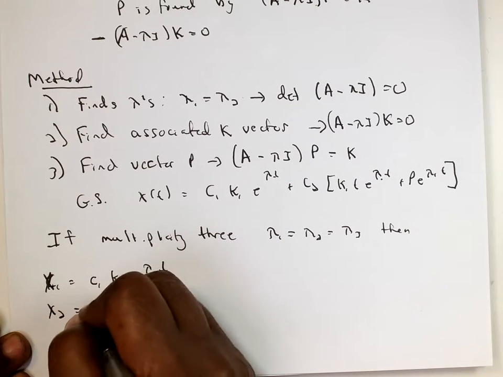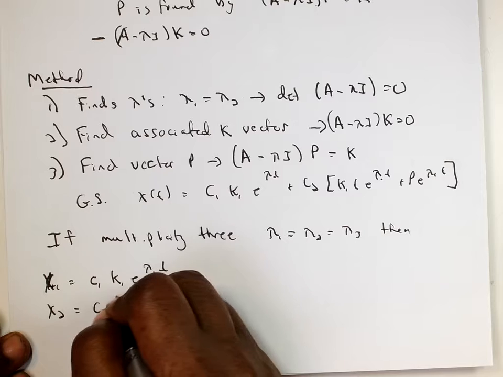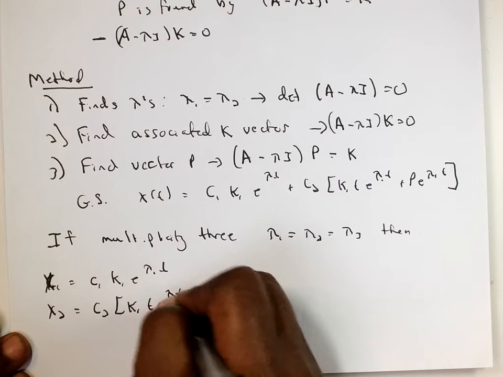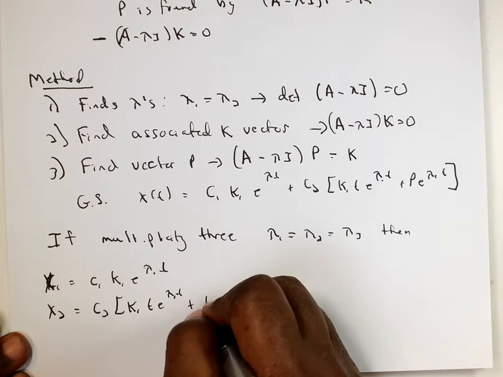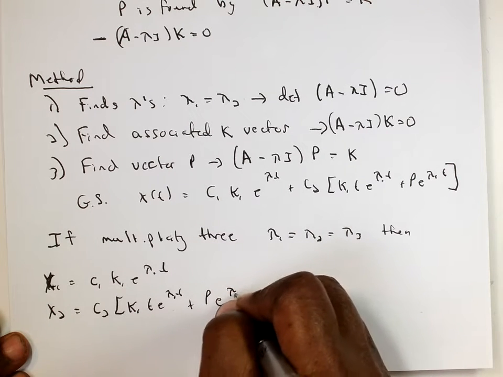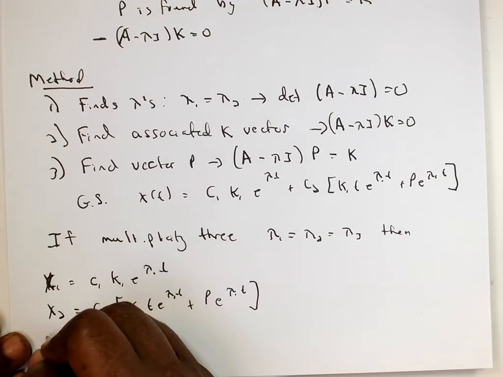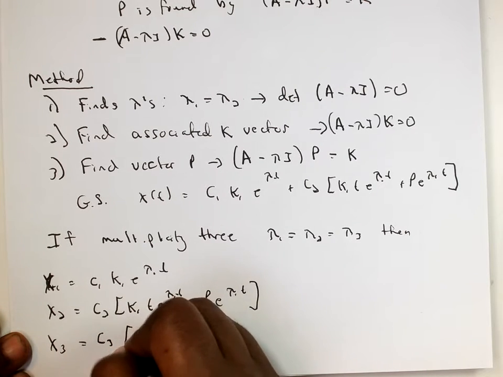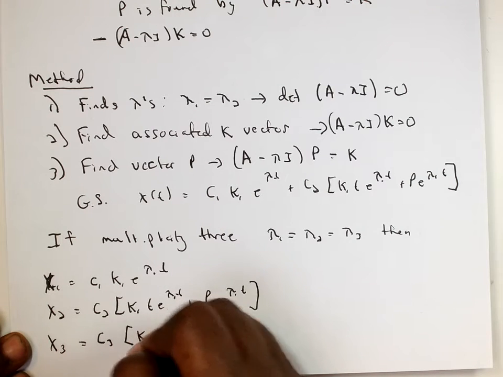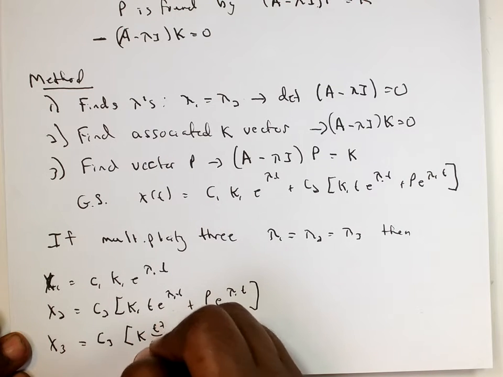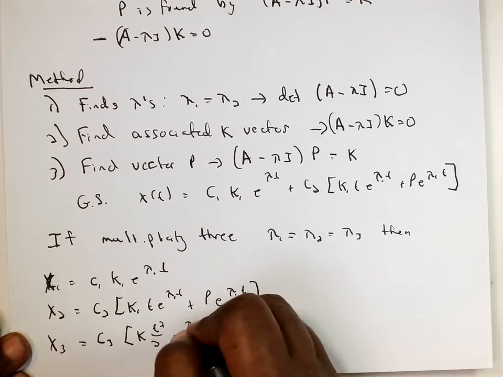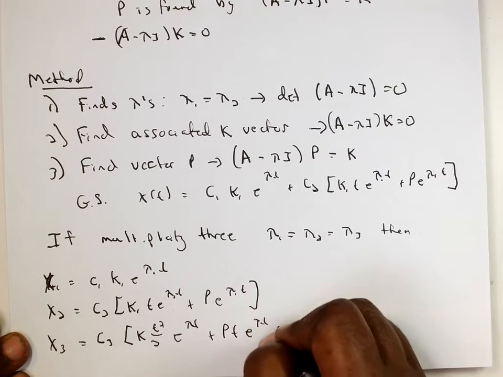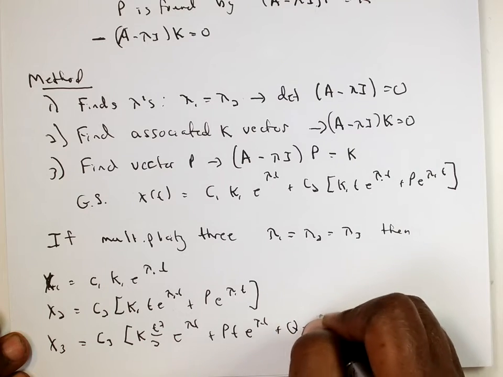Our X2 is C2 times K1 t e to the lambda 1 t plus p e to the lambda 1 t. And our third is going to be C3 times K t squared over 2. We're getting factorials out of here. e to the lambda t plus p t e to the lambda t plus q e to the lambda t.